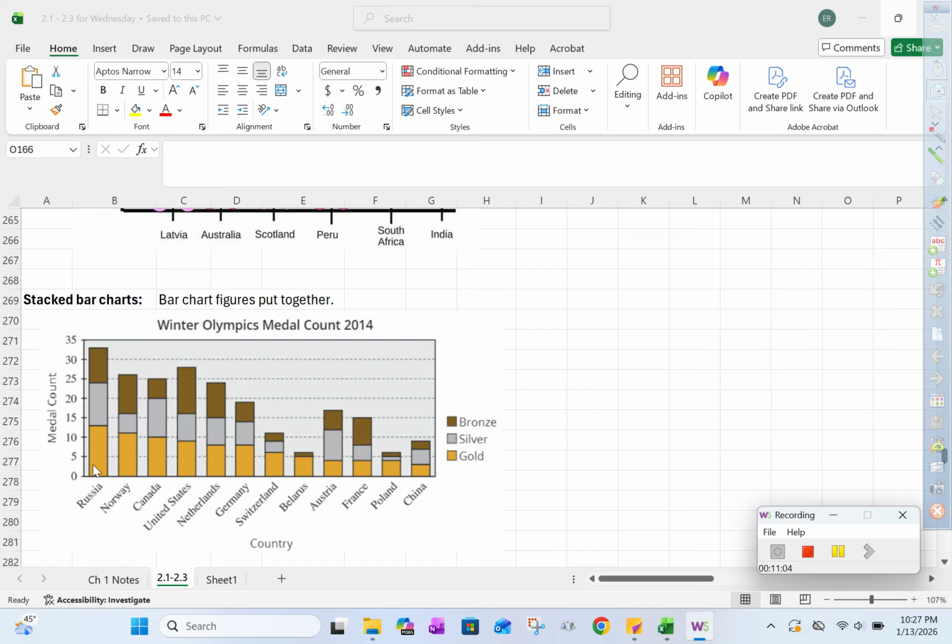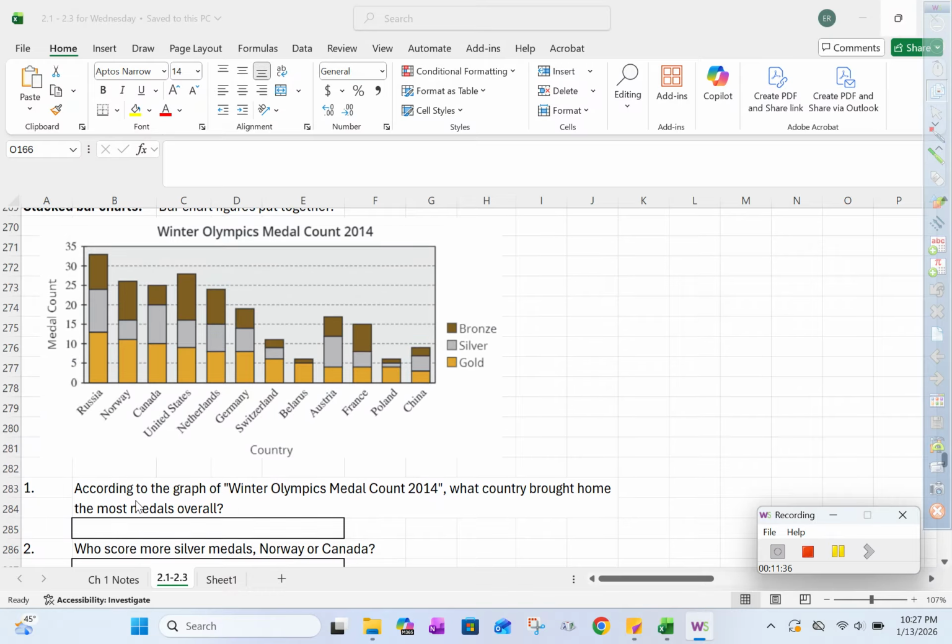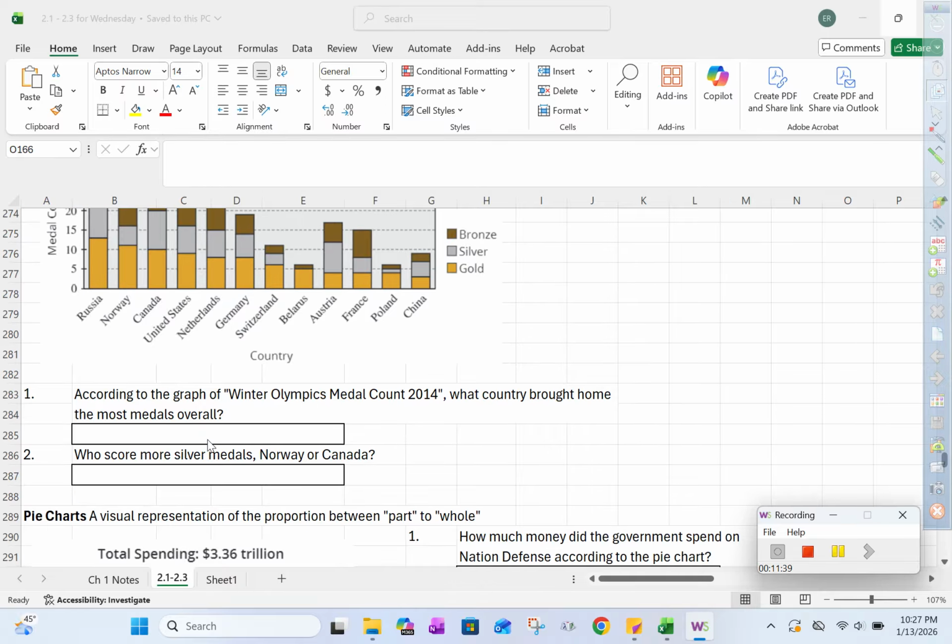So here we're looking at the Winter Olympics medal count from 2014, and it's broken up into these different countries who were participating and their proportion of total medals there. So we're just going to answer some questions here, and I'll have you again just pause the video and see if you can, based on this graph, read and answer the questions working together with your table group. Okay, I'll give you a couple minutes for that. Pause and come back.